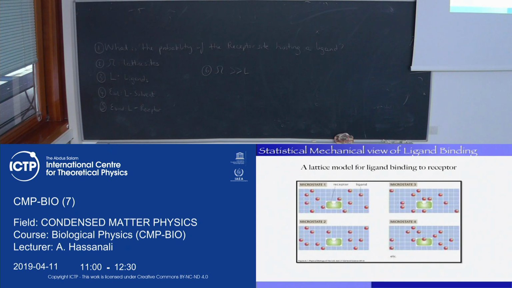So there must be another term here when the receptor site is not occupied. Oh, I see. So that's the total partition function. Then the probability will be some ratio of this to that. This is only one part of it. How many receptor sites do we have? Only one.